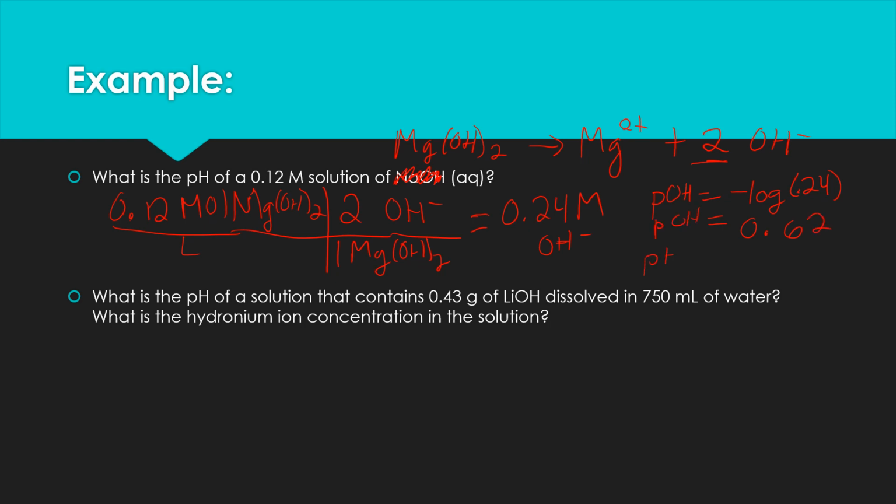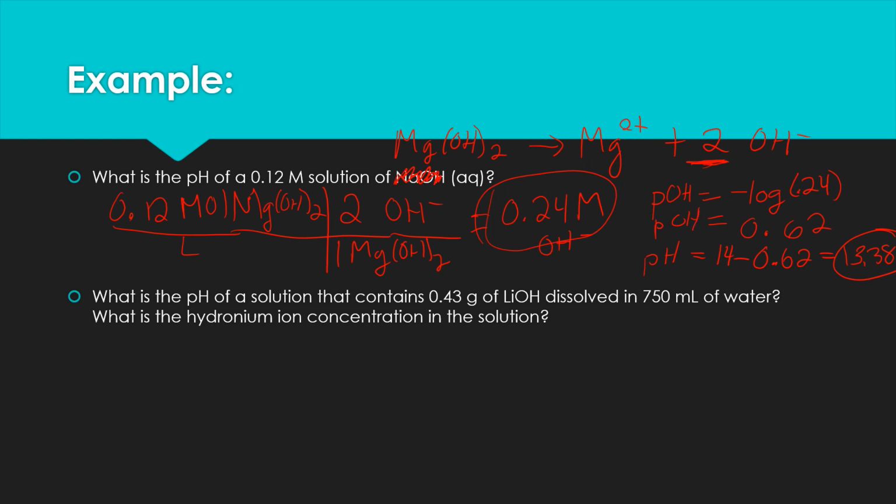Our pH would then be 14 minus that value, 0.62. So 14 minus 0.62, we get 13.38. All right, so if we are doing one of our group 2 metal hydroxides, then our ratio is 1-to-2, so we have to double our concentration and then find our pOH and then our pH.